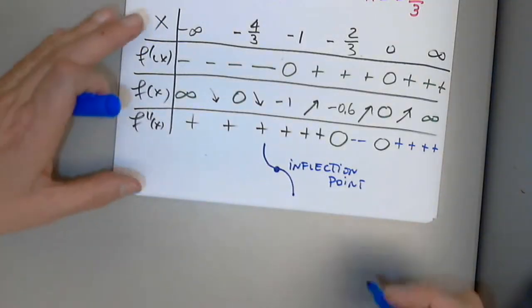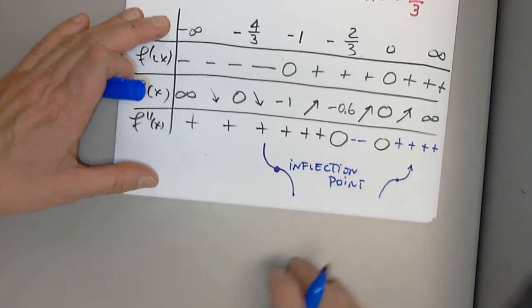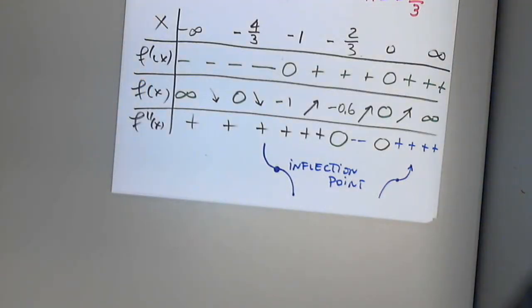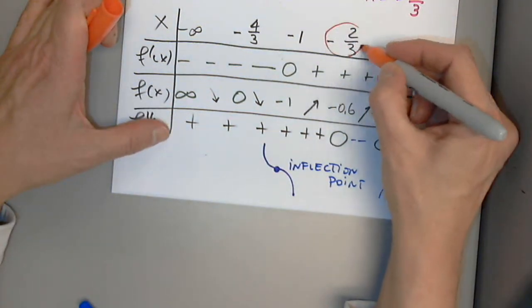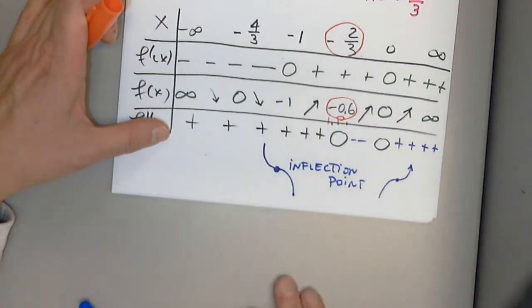Or vice versa, from opening down to opening up, still an inflection point. So this point is an inflection point.